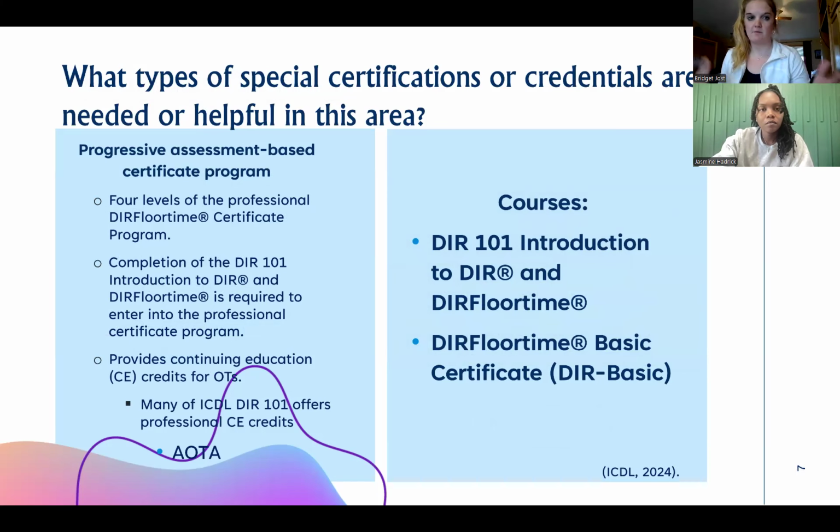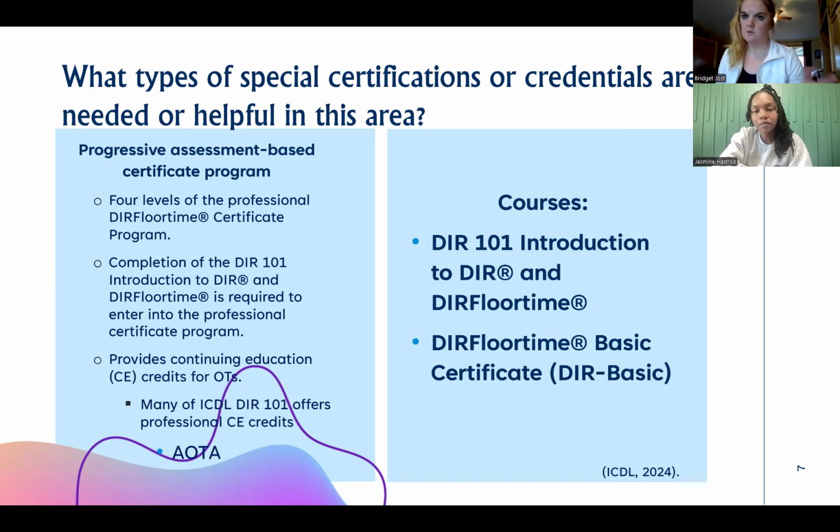This is required before entering the professional certificate program, where there will be an additional 4 classes that you can take. And with this, there is the opportunity for earning continuing ed credits, and AOTA, the association for occupational therapists, will be able to provide different continuing ed credits.